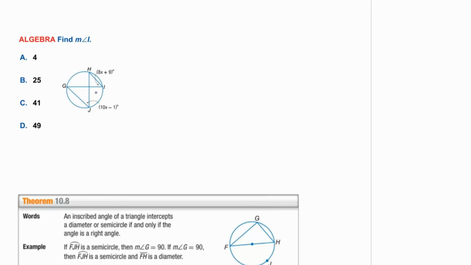In this one, we're asked to find the measure of angle I. The arc that I intercepts is HG. The arc that J intercepts is also HG. So we know that the measure of angle I equals the measure of angle J. 8x plus 9 equals 10x minus 1.